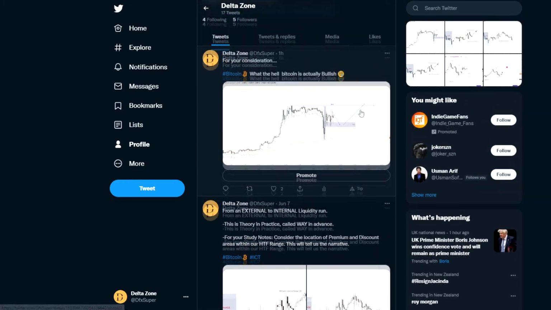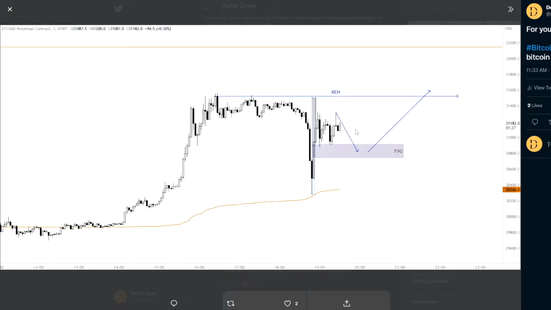This is what I'm thinking: we come back, take the equal lows, and go up higher. Now if we fulfill the scenario, if we take the sell side liquidity first and then buy side, it's going to be extra bullish. This will give us extra reason to think that we're going to be repricing a bit higher.